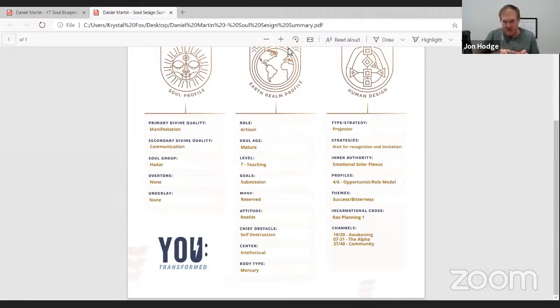That's the reserve mode. Your attitude is realist. So you're going to be looking realistically at everything that you bring in internally. You know, will it work? Will it not work? You'll be using a realist attitude for that.